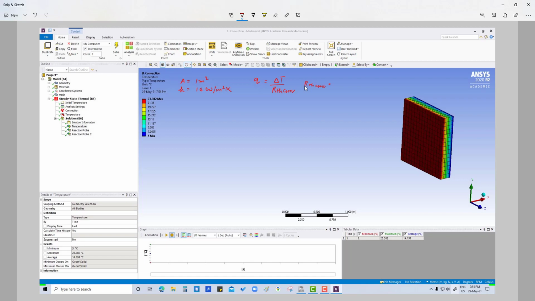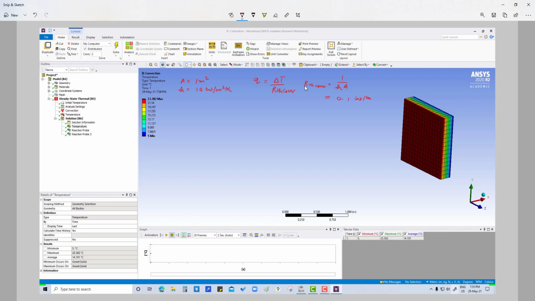For convection, R thermal is equal to 1 upon HA. So here we have the values of H and A, so this value will be 0.1.